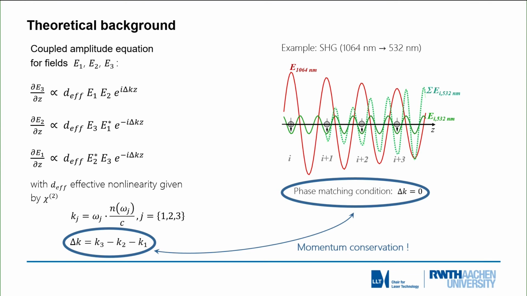Momentum conservation just gives us that the difference of k3, k2 and k1 is a certain value, and at best this is of course 0, and then we have the maximum transfer of energy.